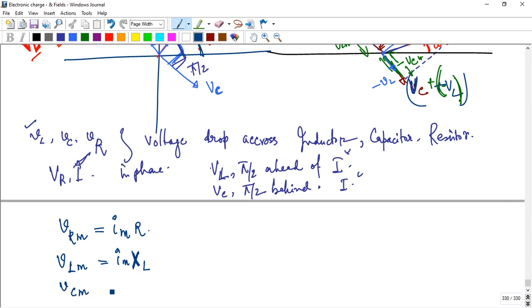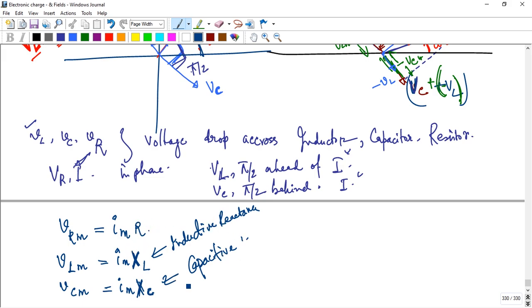VCM is equal to IM XC, where XC stands for capacitive reactance. Obviously, these two are frequency dependent, while the resistance is frequency independent.